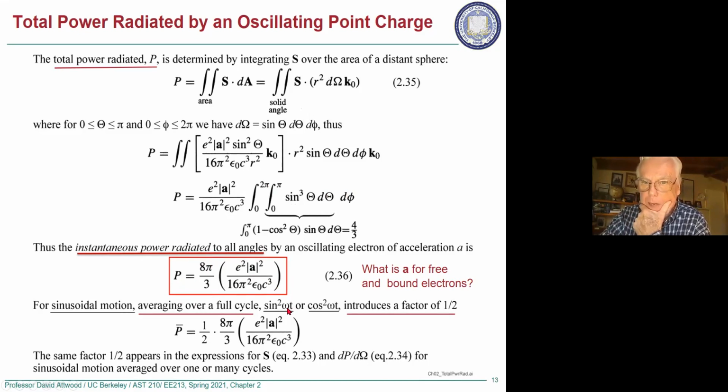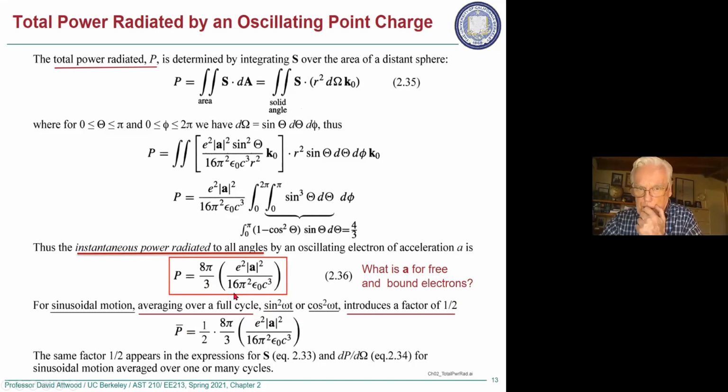And if the acceleration has a sine squared or cosine squared behavior, as it would for a propagating wave coming by, and we average this, the bar over the top means we've averaged over one cycle or over many cycles. If we average over one cycle, we have an average of a sine squared omega t, d omega t, etc. cosine. That introduces a factor of a half.